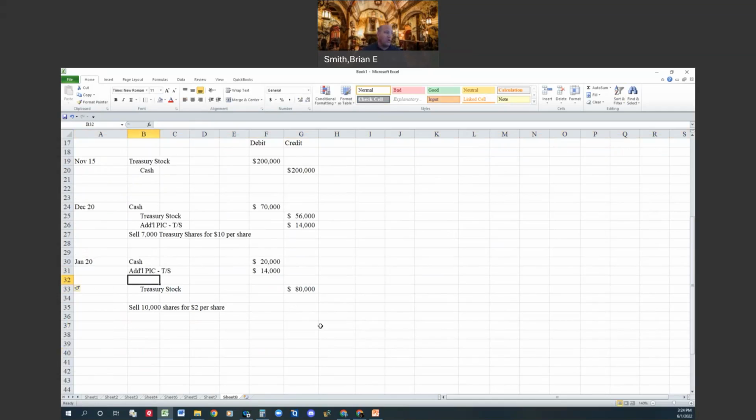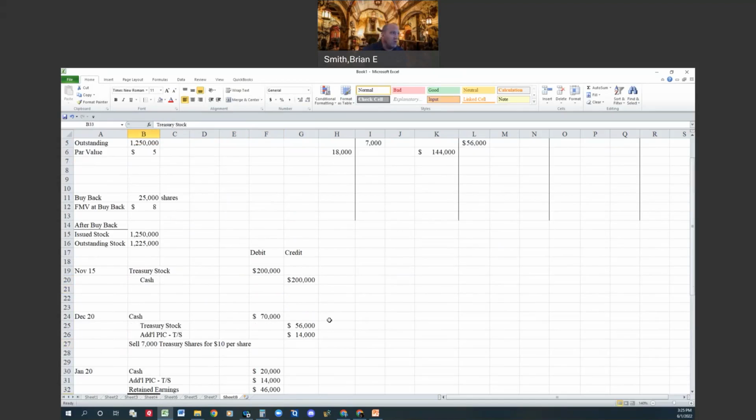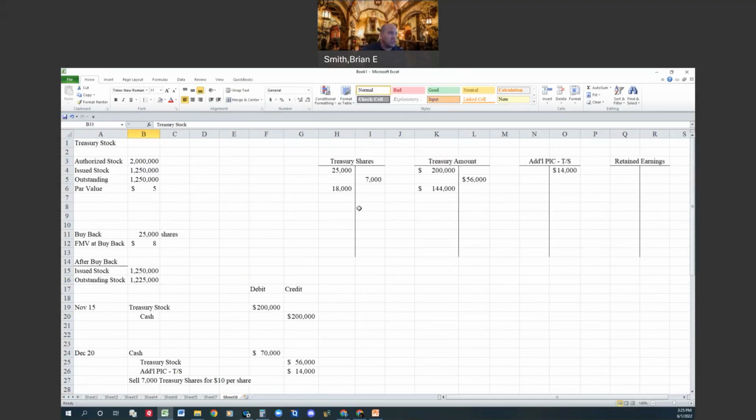So what we're going to do is we're going to debit our retained earnings. And we are going to just do this mathematically minus the sum of these two. Okay, $46,000.